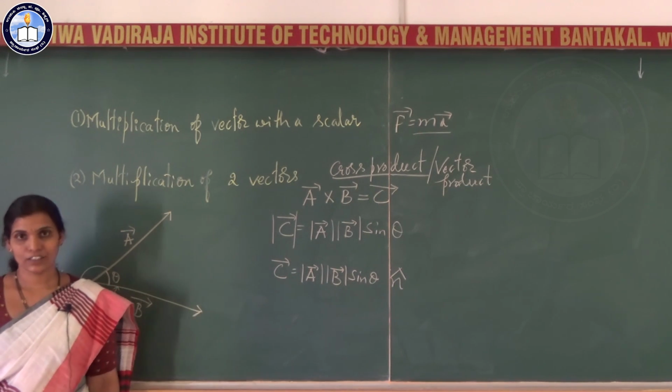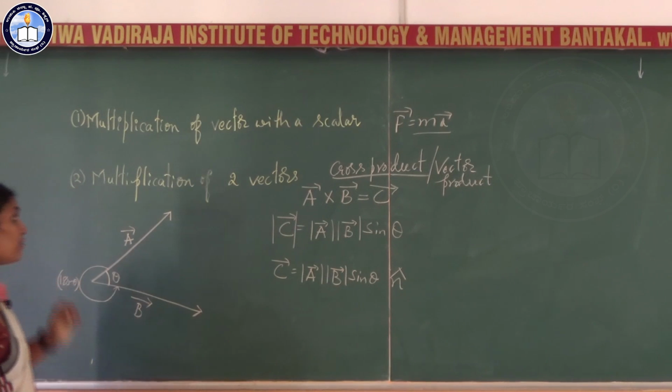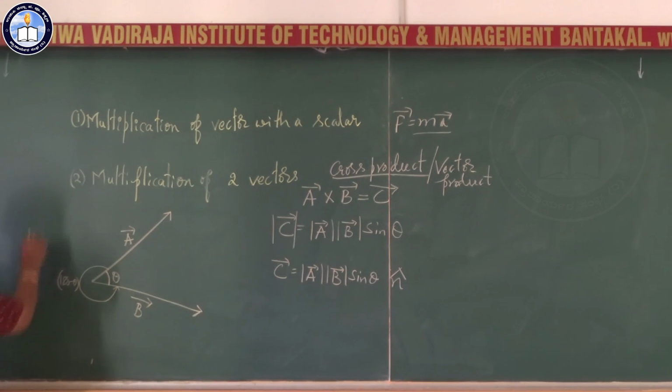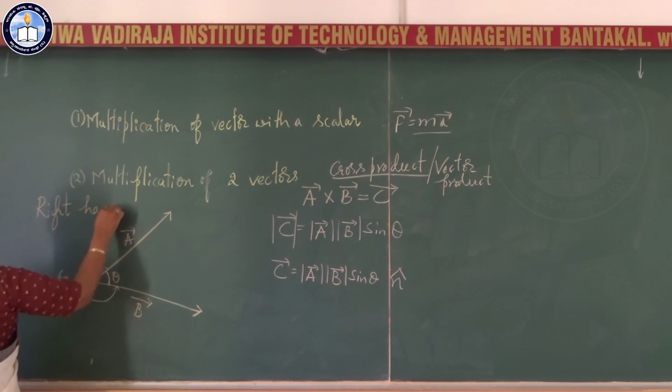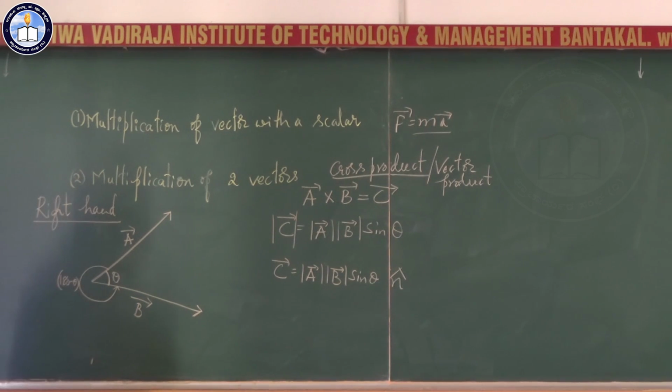Now, how to find the direction of C vector? For that we use a rule called the right hand rule, or right hand screw rule, or right hand thumb rule. What does the right hand screw rule give you?